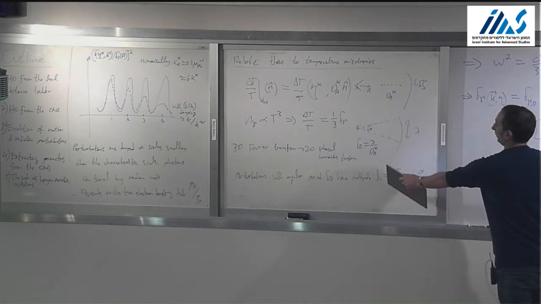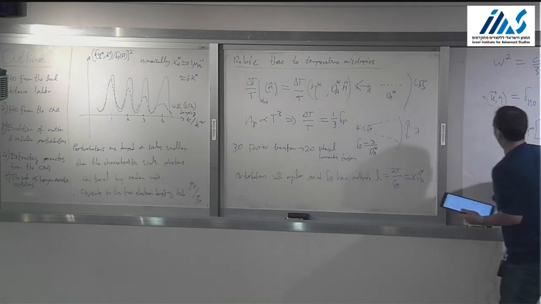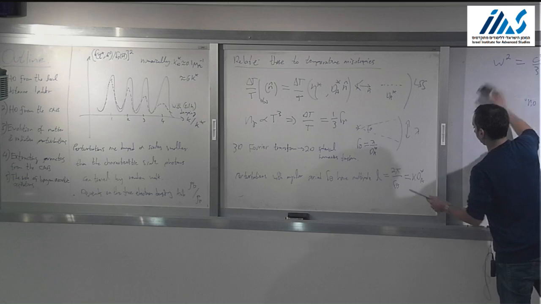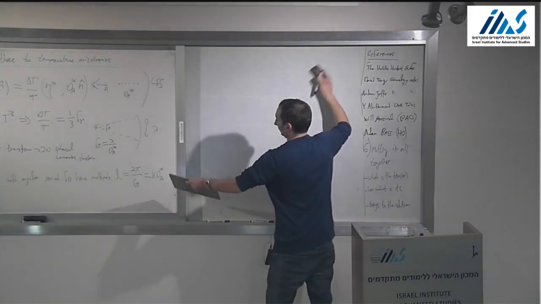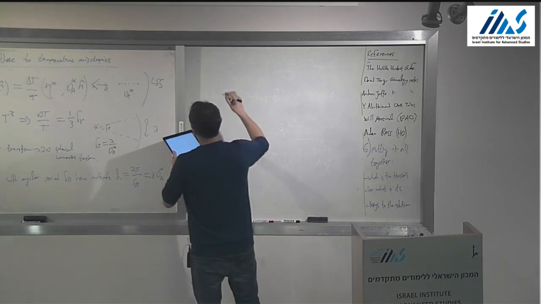So this is the relation between the angular multipole and the 3D co-moving wave number k, and the relation is the multiplication by the co-moving angular diameter distance.